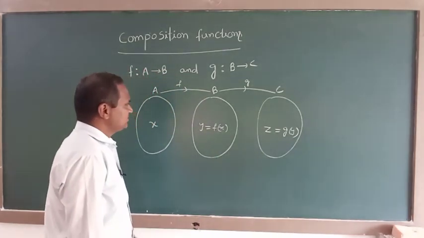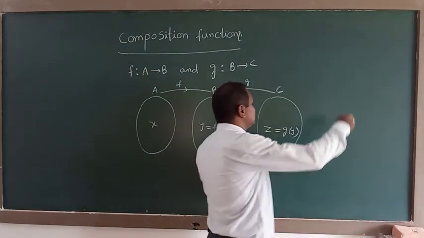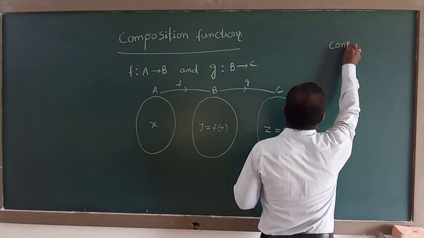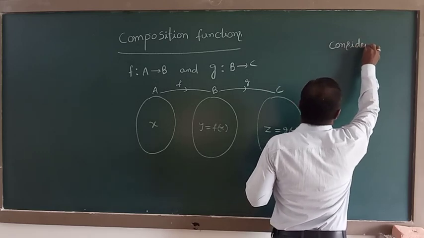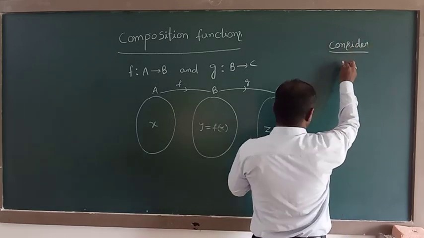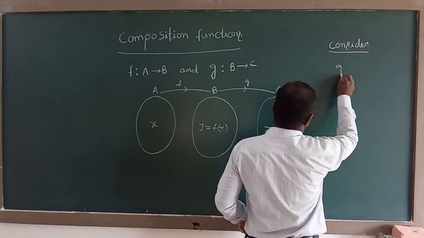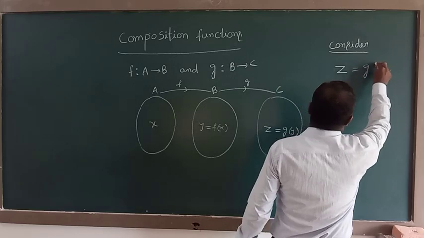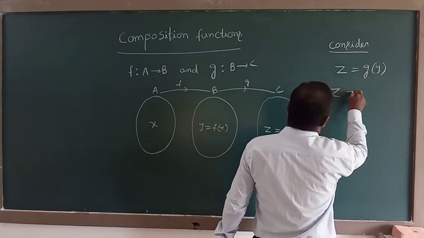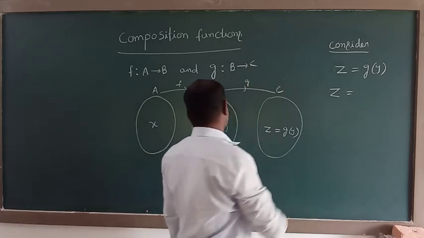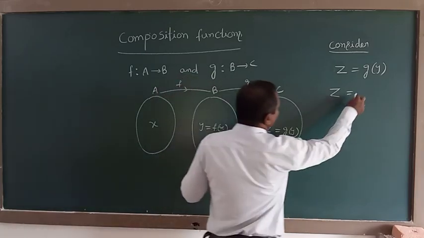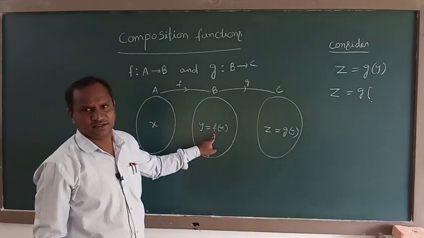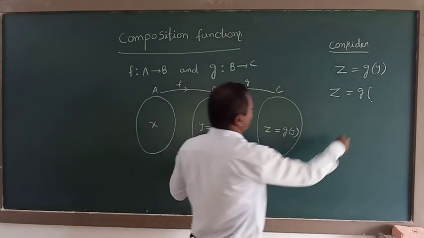See here, consider the last step, z is equal to g of y. Z is equal to g of, instead of y, what we already got from the second set, instead of y we got f of x.